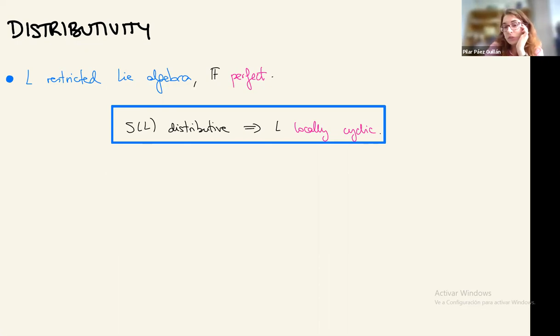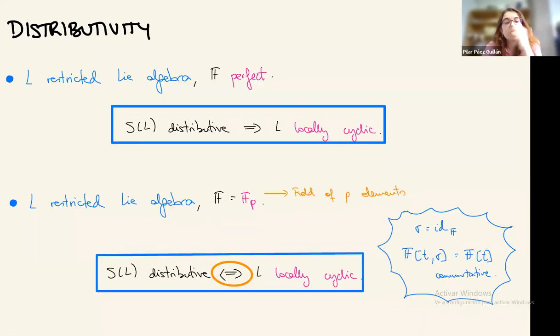And also, if you are wondering about the converse, if now I take the field, in addition to being perfect, to be F_p, the field of p elements, now I have the converse. But why is this?